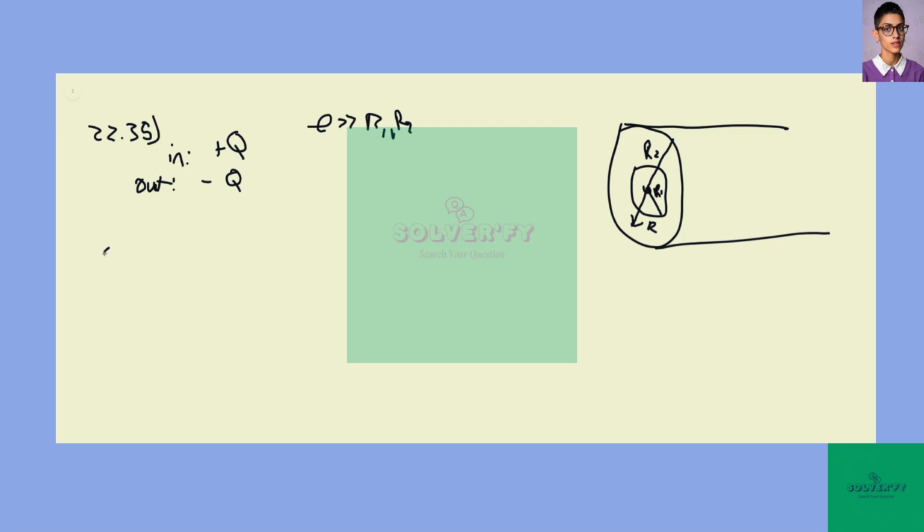Okay, so since we're talking about cylindrical shells, we're going to be using a Gaussian cylinder around our shells here to solve for this. And we kind of talked about this in the solution for 33, so if you're confused, go back to that one first. But we can see that in Gauss's law, E dot dA, if we make our surface a cylinder surrounding the cylinders, the electric field is going to be perpendicular at all points. And now we pull the electric field out times the surface area.